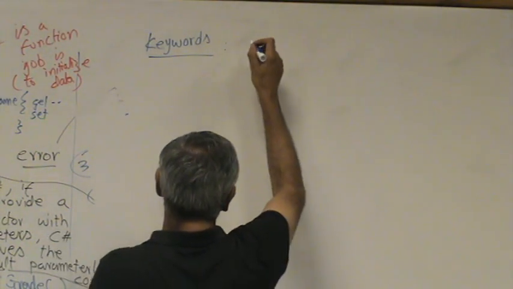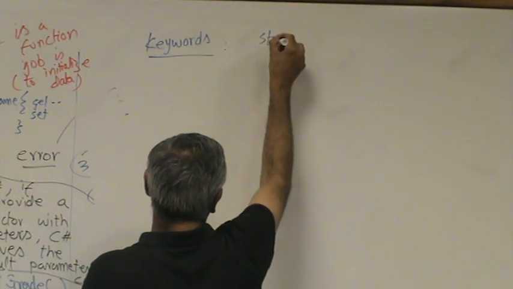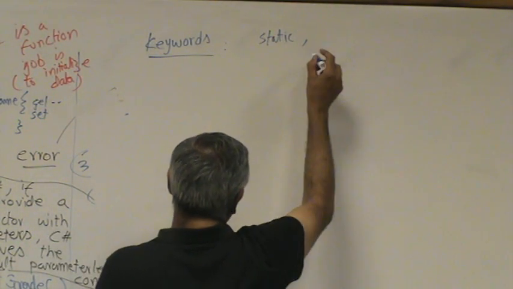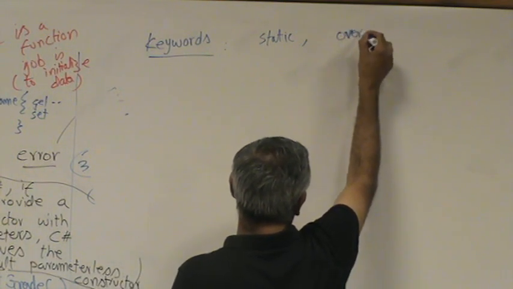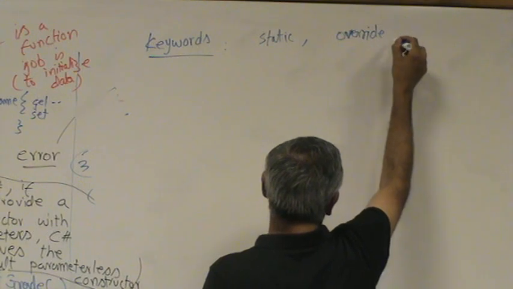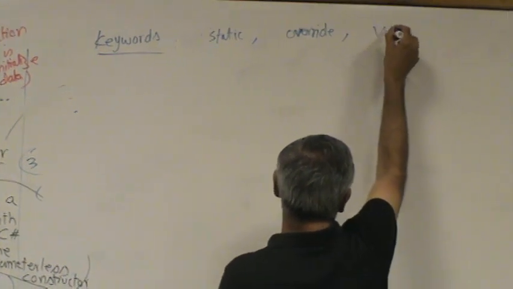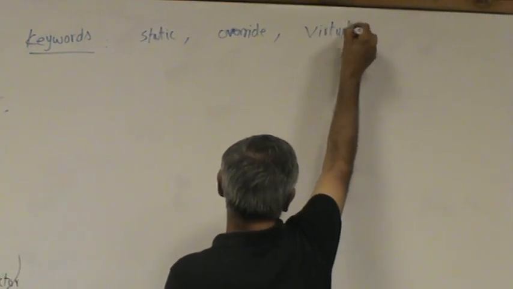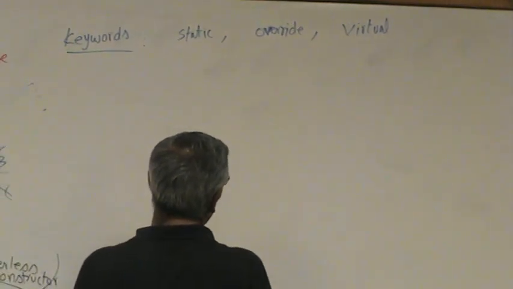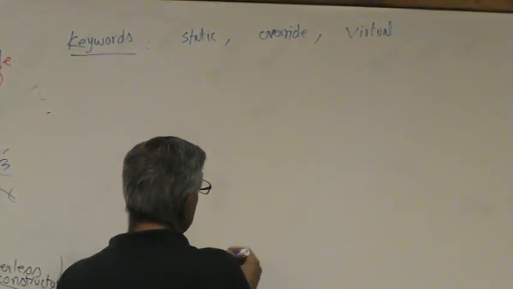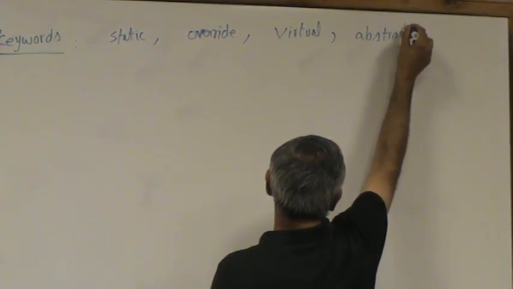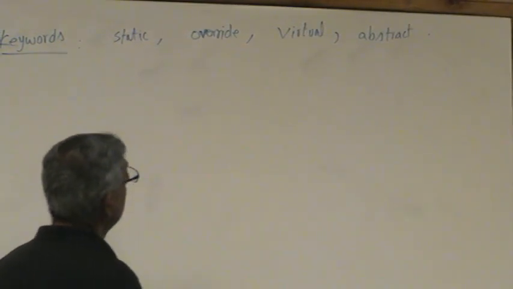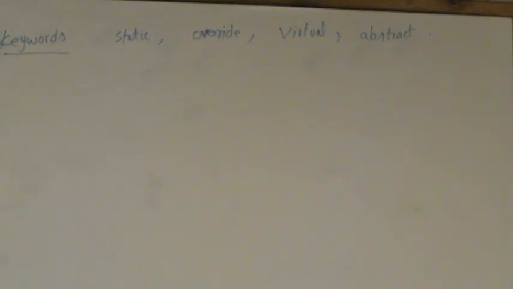The keywords go something like this. There's a static keyword. There's an override keyword. There is a virtual keyword. And there's an abstract keyword. So, static, override, virtual, abstract.